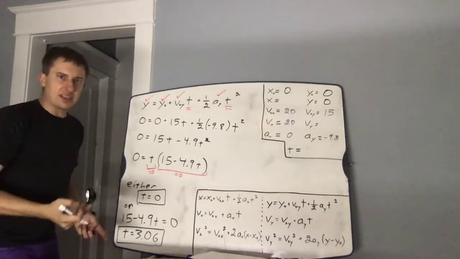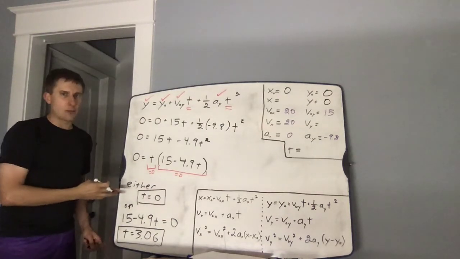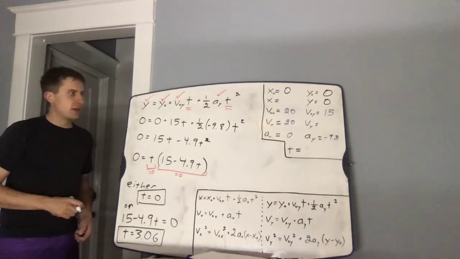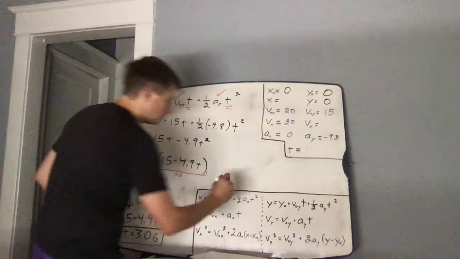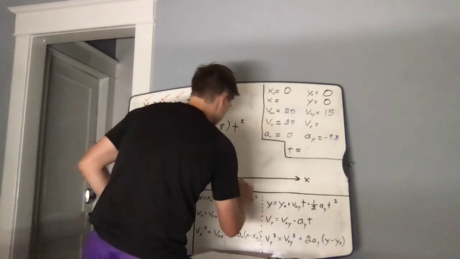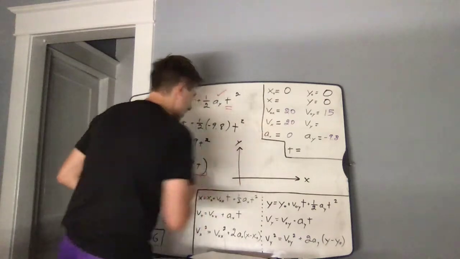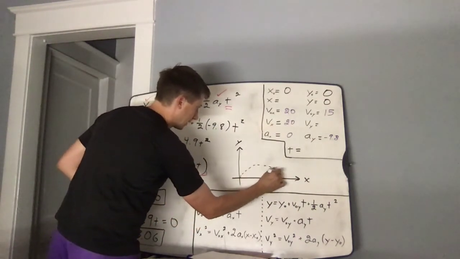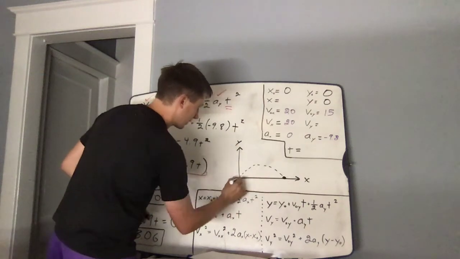Now we are going to take the two valid solutions from our math and connect them to the physics of what's going on in this problem. So for part A of this problem, we said here is my x-axis and here is my y-axis. We took a ball, we threw it, it went through the air and landed right there.